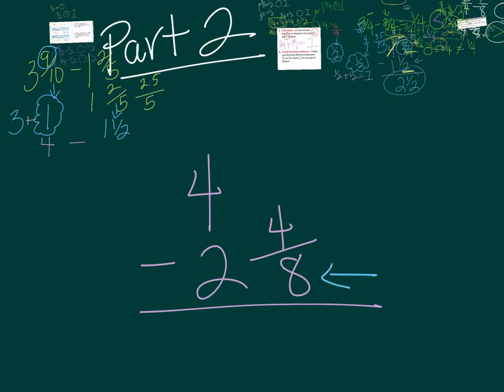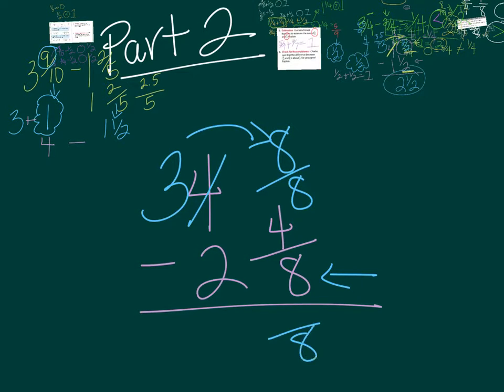I'd have to look at my denominator. Denominator is 8. So to have a whole, it would have to be 8/8. So this whole number 4 would turn to 3, and 8/8 would be the other whole. So here, straight subtraction. Denominators are the same. 8 minus 4 is 4. 3 minus 2 would be 1.